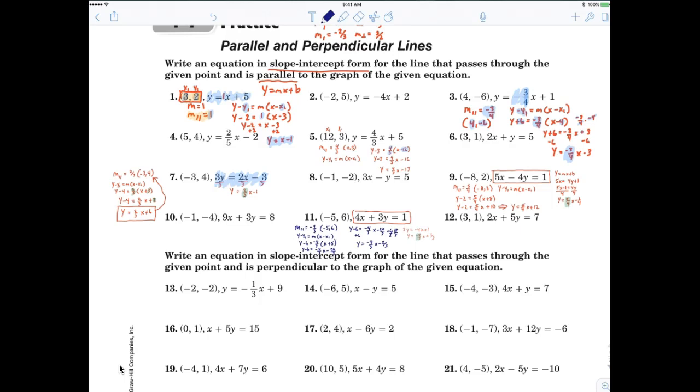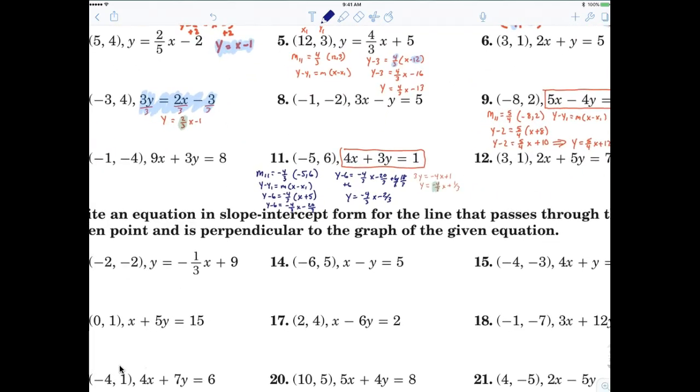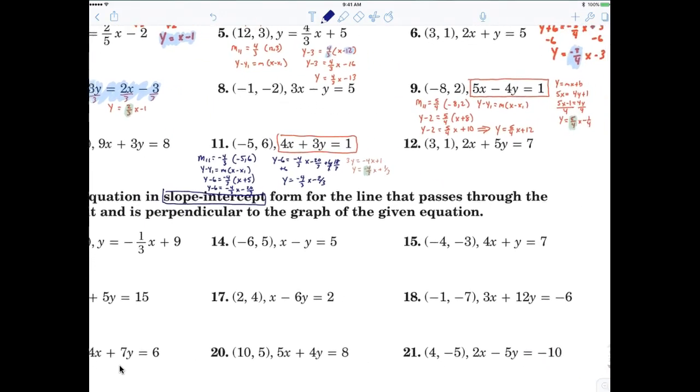Now, in these particular problems, I'm going to change the directions because I want you to get practice not only with slope-intercept, but also with point-slope. So listen to me.